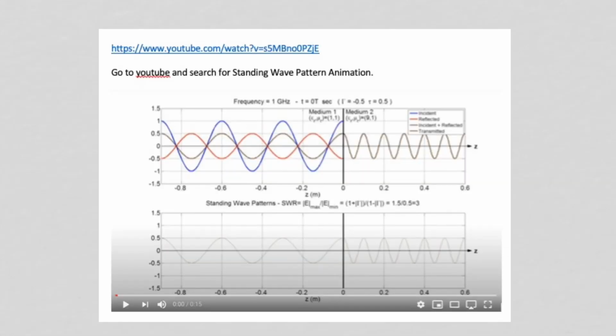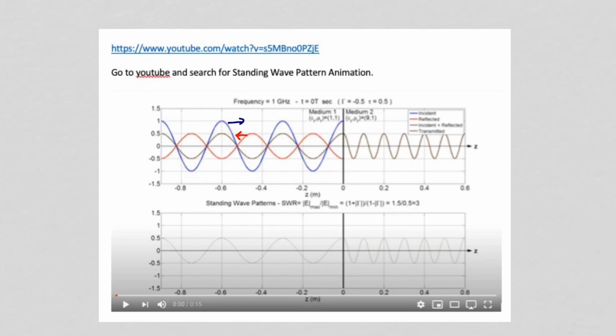To help visualize this, go to YouTube and search for standing wave pattern animation, and you'll see this video come up. The blue wave is the incident wave propagating in the plus z direction, and the red wave is the reflected wave propagating in the minus z direction.